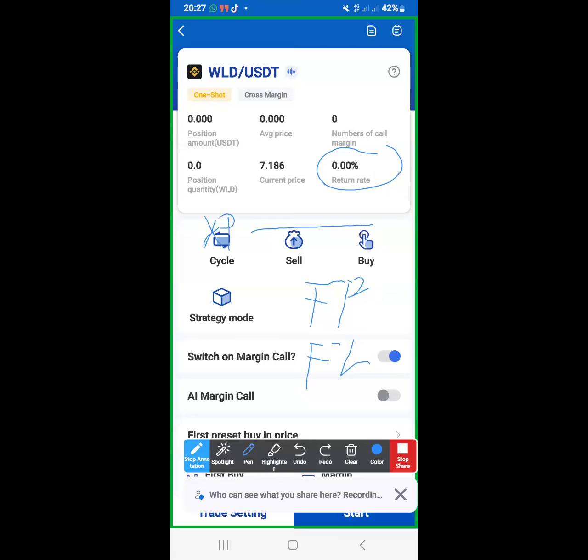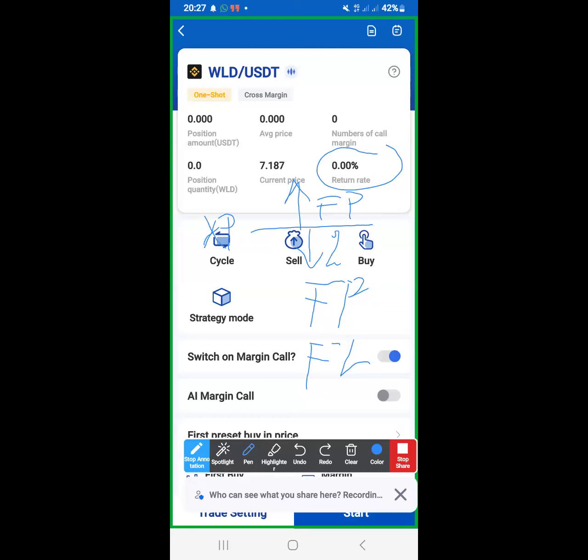It refers to how high the coin has risen in profit, or how low the coin has depreciated from the average price in terms of price, right? So it refers to the percentage of how deep or how high the market price has risen from the average price.